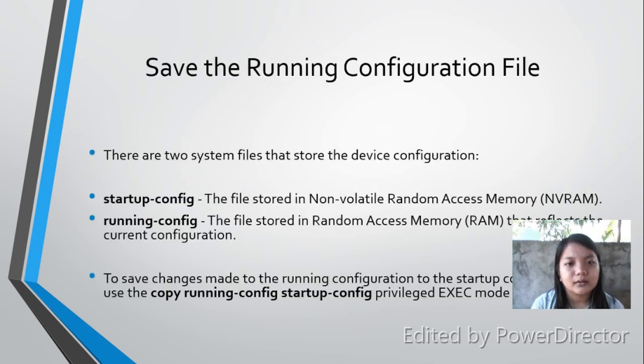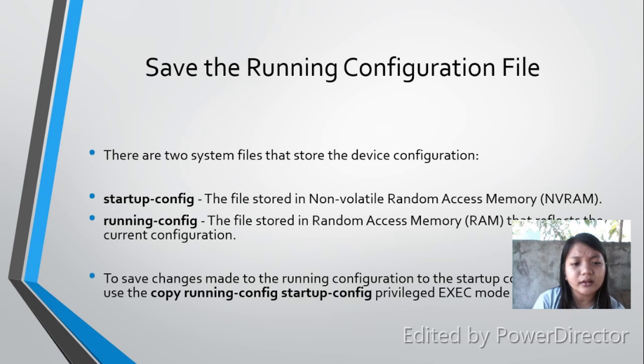Then save the running configuration file. There are two system files that store the device configuration. The first one is the startup config. The file is stored in non-volatile random access memory, the NVRAM. So even if the computer is turned off, it will remain in the NVRAM.